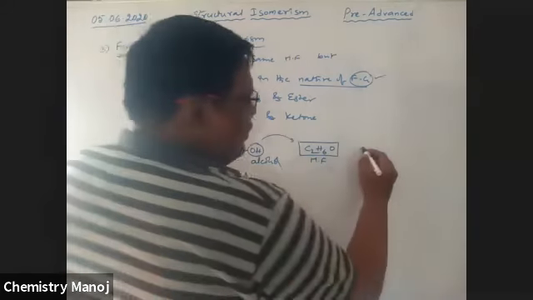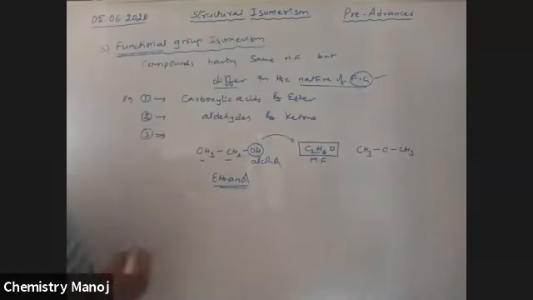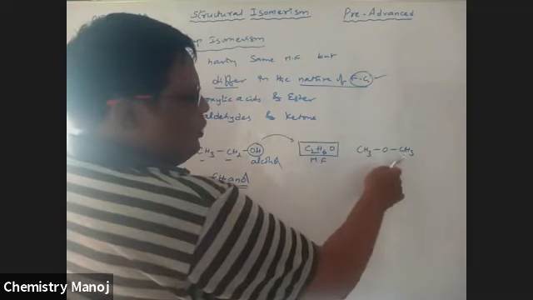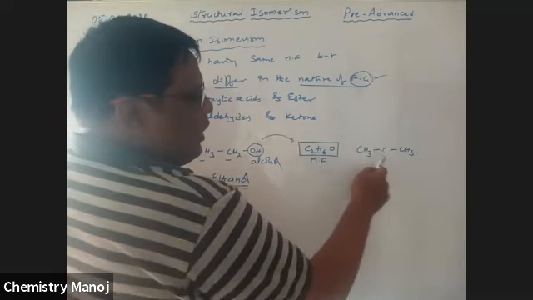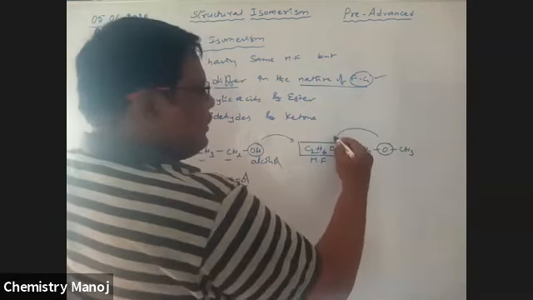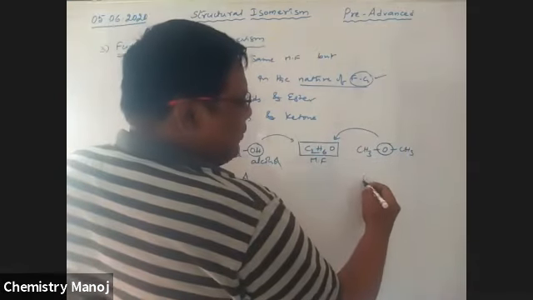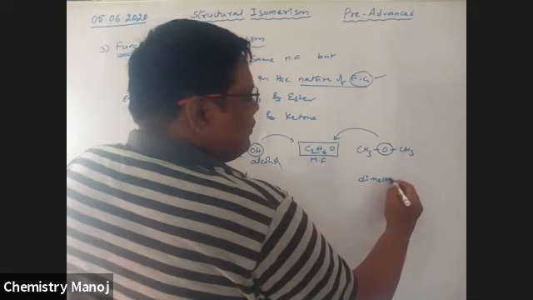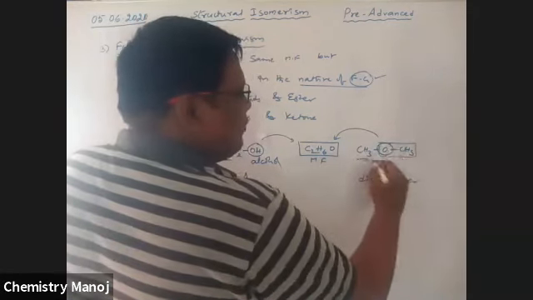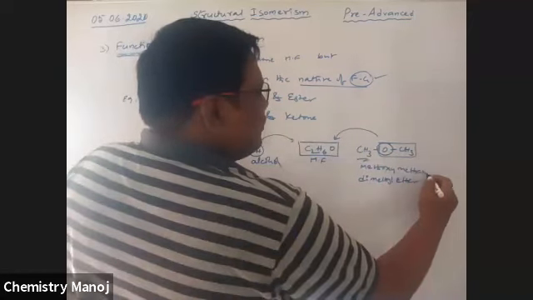Now I'm writing one more: CH3OCH3. Say once again, carbons 2, hydrogens 6, 1 oxygen. So the same molecular formula. Here the functional group is ether. Here methyl, methyl, dimethyl ether, or methoxymethane. One is the common name, the other is the IUPAC name.